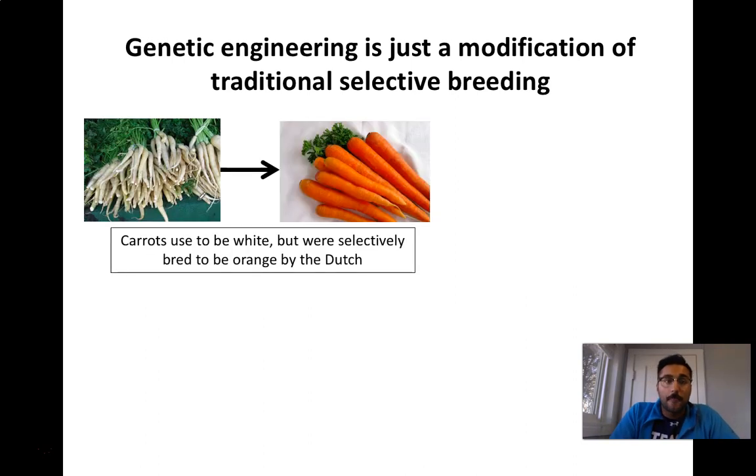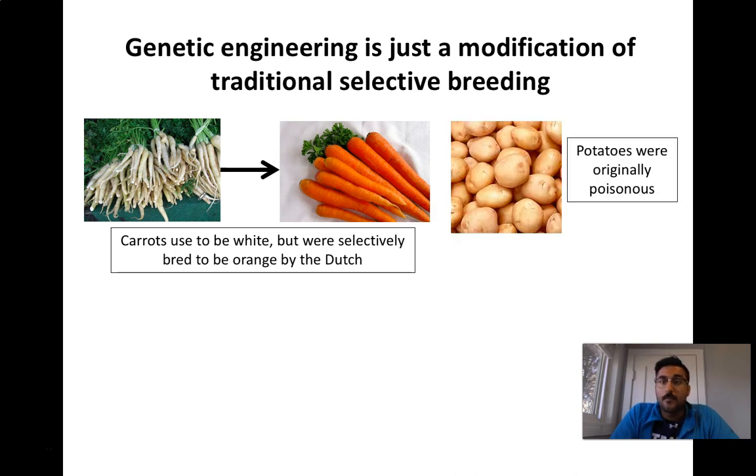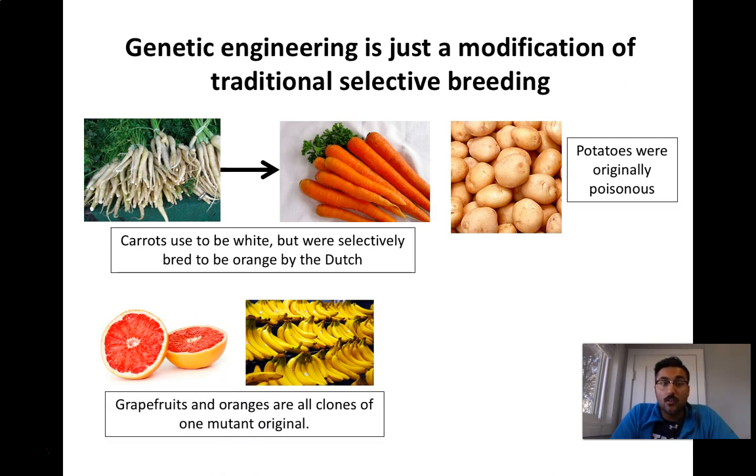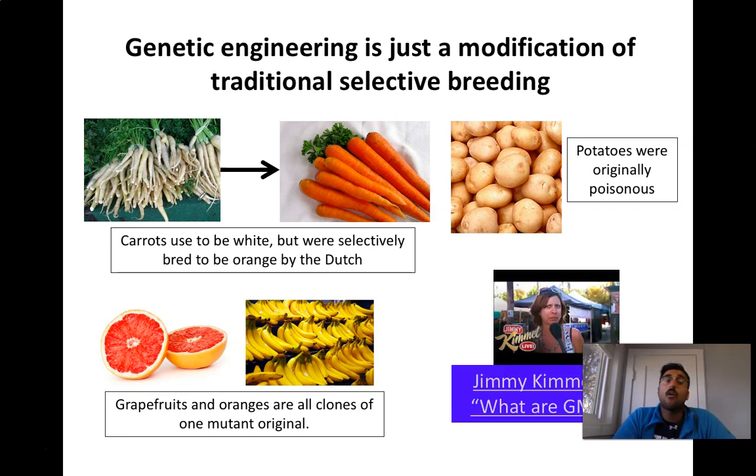Examples: carrots used to be white, but we've selectively bred them to be orange. Potatoes were originally poisonous. Grapefruits and oranges are all clones of one original mutant. So we've done this all the time.